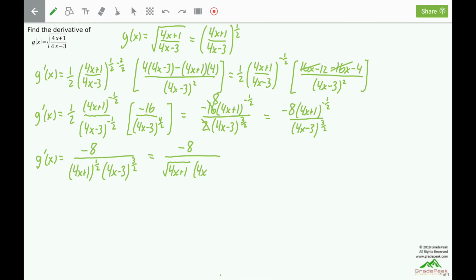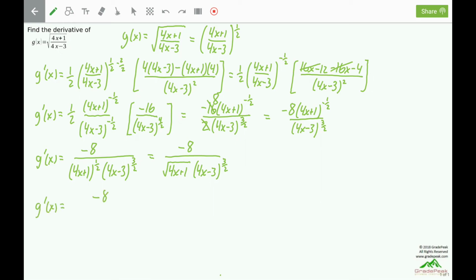The 3/2, it's usually left as the 3/2 power, though it does mean square root of the quantity cubed, and it can be written that way. So there's one optional way to write that. If we want to write that second expression in the denominator also within the root, that's possible.